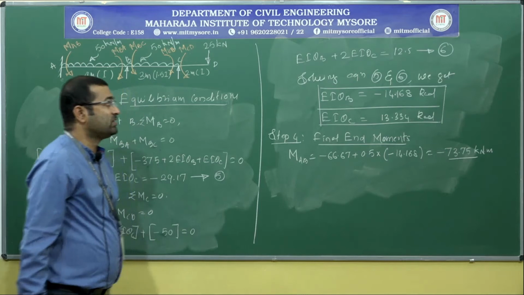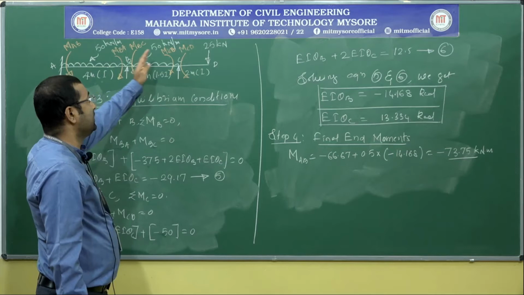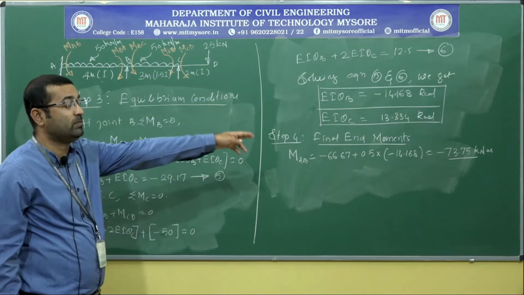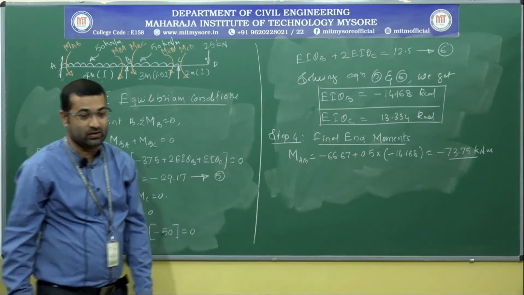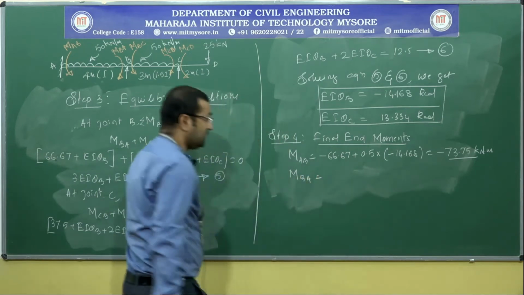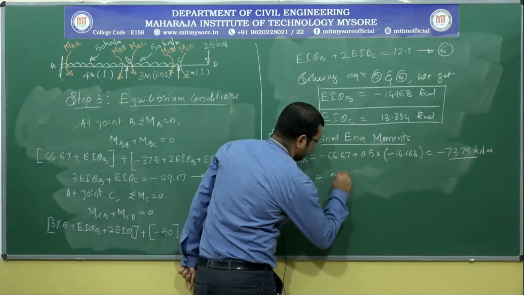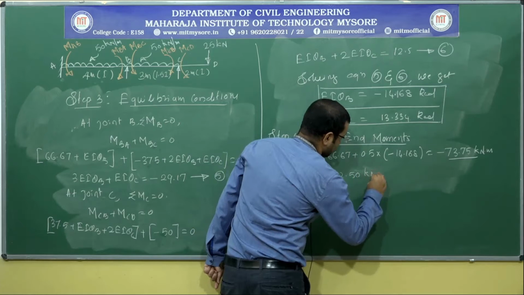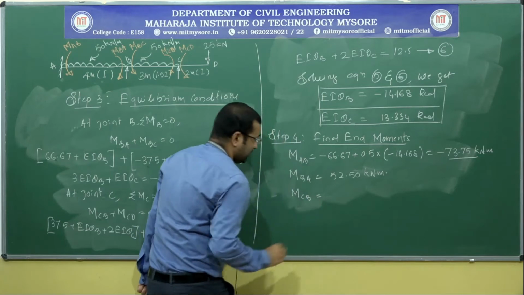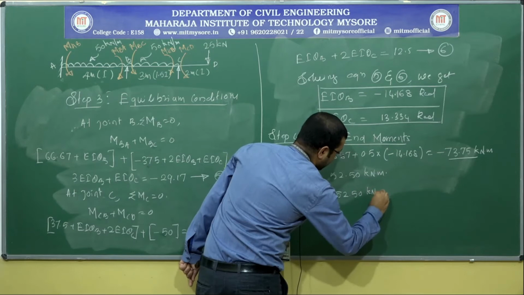Similarly, we need to use the slope deflection equations and calculate the values of MBA, MBC, MCB and MCD by substituting the values of EI theta B and EI theta C respectively. Which yields: MBA, the final end moment at B, is 52.50 kilonewton meter. MBC is minus 52.50 kilonewton meter.